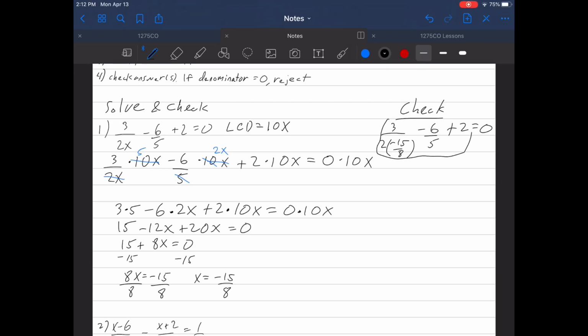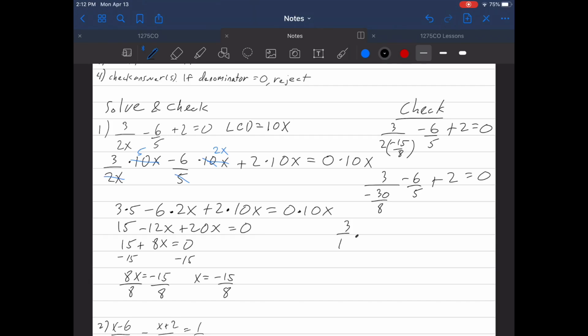Again, checking means evaluation. We're going to check the left side of this to make sure that it adds up to 0. So that's going to be 3 over negative 30 over 8 minus 6 over 5 plus 2 equals 0. We have a complex fraction.